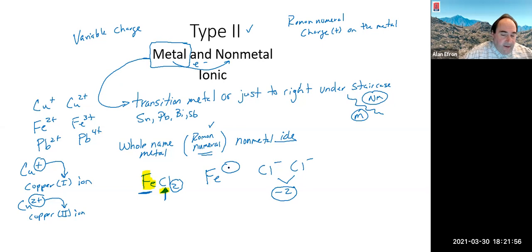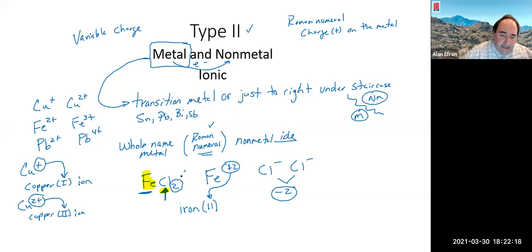To make it no charge, since there's only one iron present, it would have to have a +2 charge. That gives us the name of the metal, Roman numeral 2, because again, not how many we have, but the actual charge on the metal.